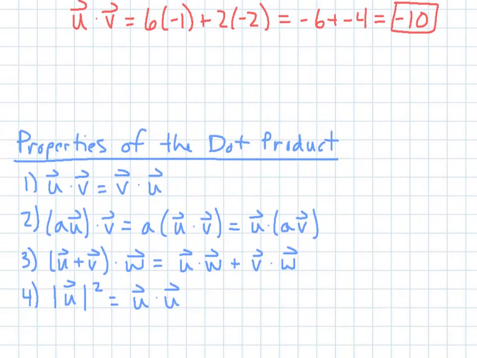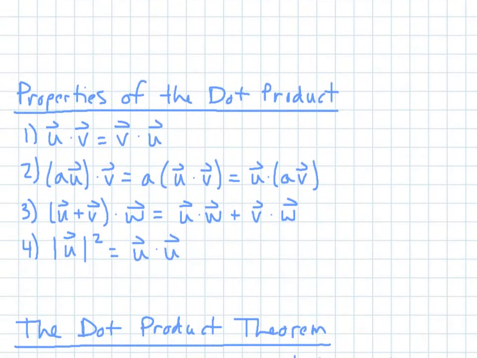Okay. So that's kind of what a dot product is and what it looks like. There are certain properties that go along with the dot product. Dot product is commutative, so it doesn't matter which order you have them set. Number 2 is that it deals with the associative property. So you can say that a scalar times vector u, dot product v, is the same as taking the dot product of u and v first and then multiplying by your scalar.